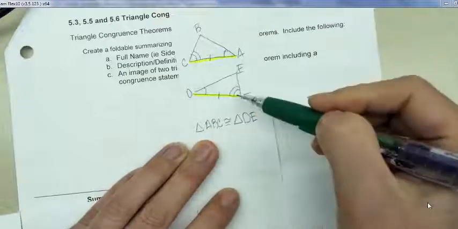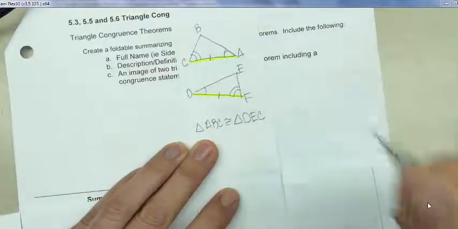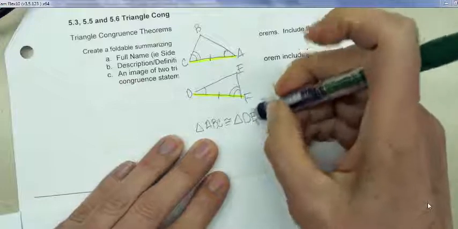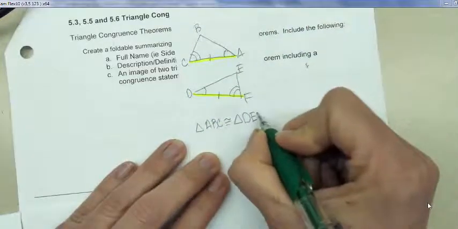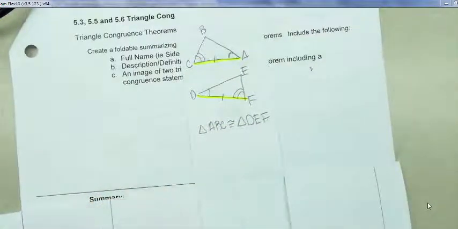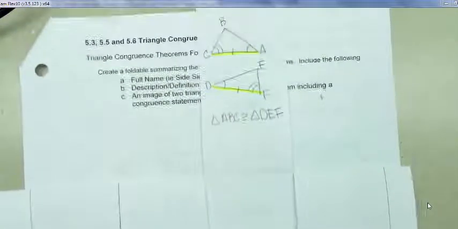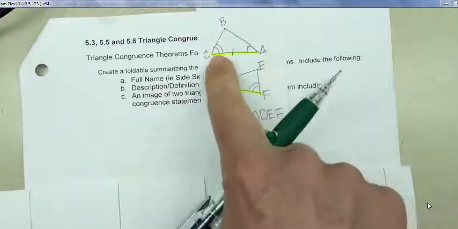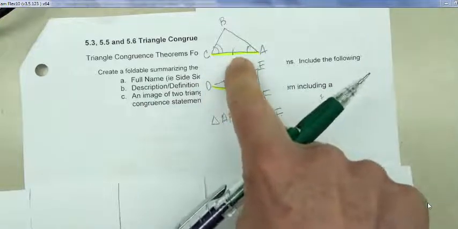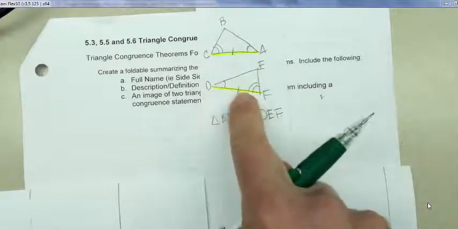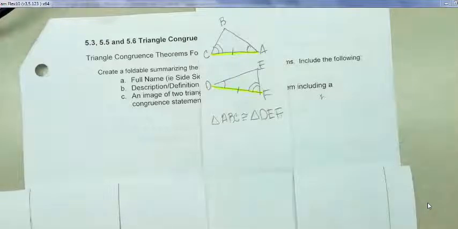And then C is corresponding to F. So that would be our congruency statement. And so the description of this is that if you have two angles and the included side of one triangle congruent to two angles and the included side of another triangle, then you know that they're congruent.